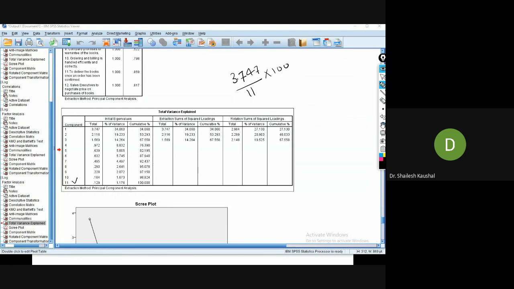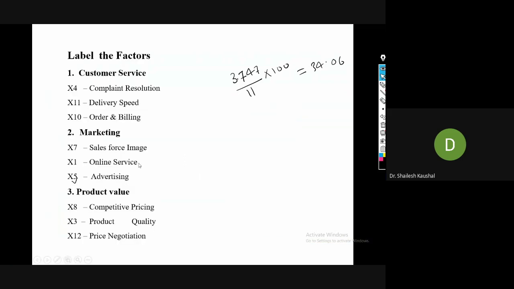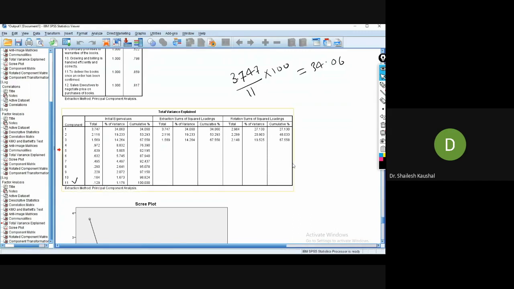When I do it, the value will be 34.06. I checked this value through the calculator. You can calculate it, and then we will obtain this value.